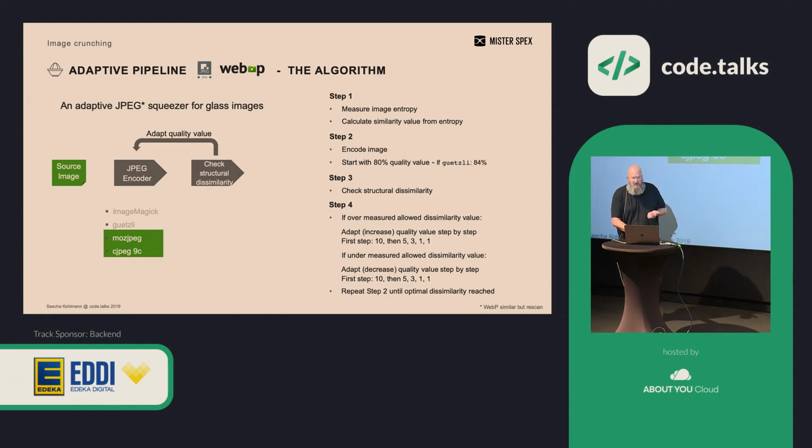So we start normally with 80%, measure the dissimilarity, then we increase or decrease the value by 10%. After this, increase or decrease by 5%. And after 5 steps, in the final step, you have a range from 60 to 100% of this quality value of the compression tools, and that's normally complete enough.